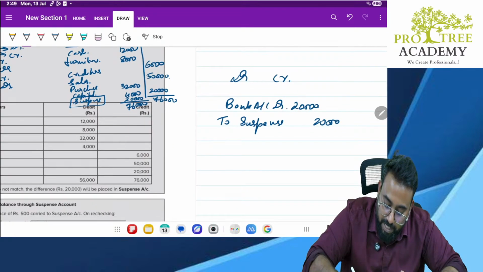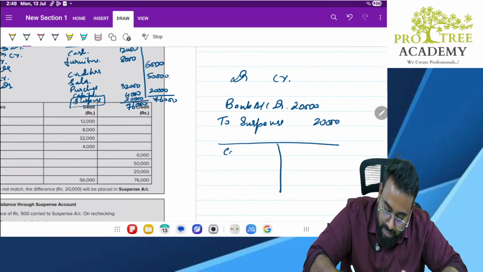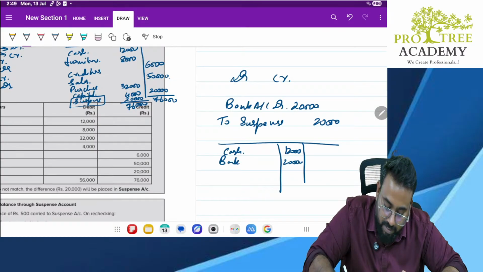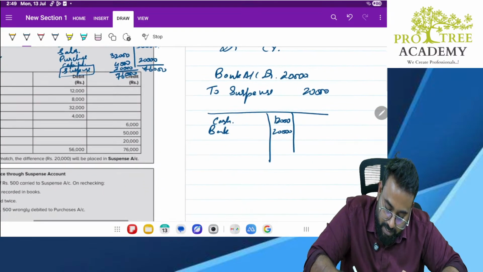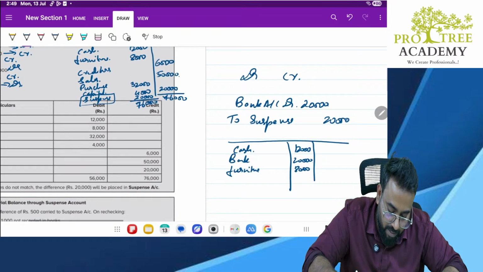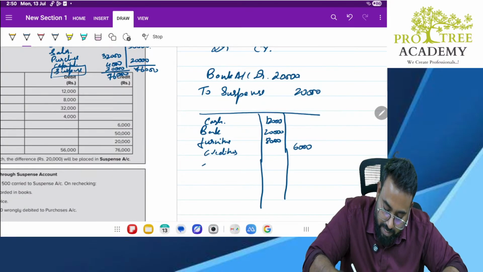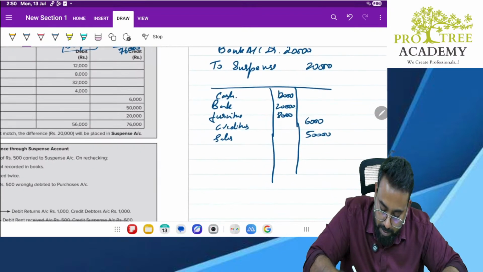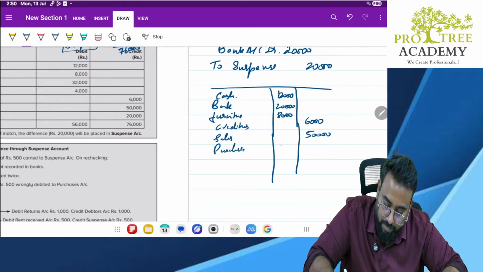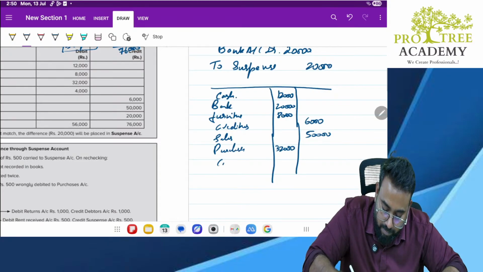Now your trial balance will look like this. How it will look, sir? Cash, how much? 12,000. Bank, 20,000, then furniture 8,000, then creditors 6,000, sales 50, next purchase, then capital.